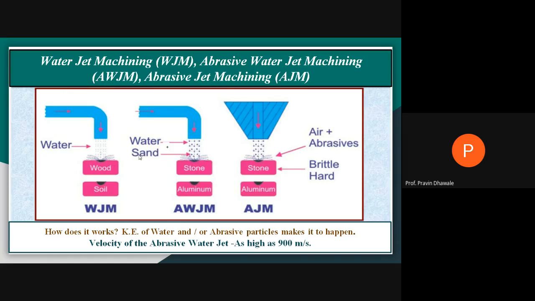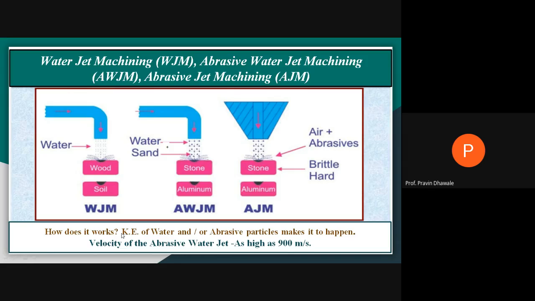That slurry strikes the surface of the stone, and material is removed in the form of small particles, because of mechanical action, that is, erosion.